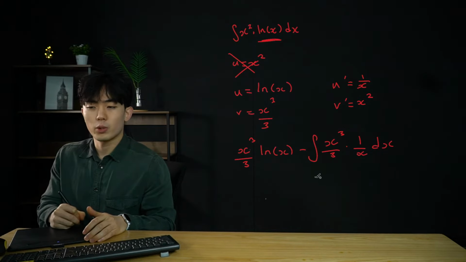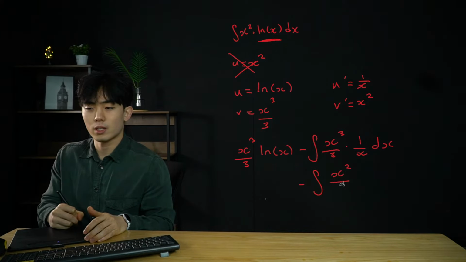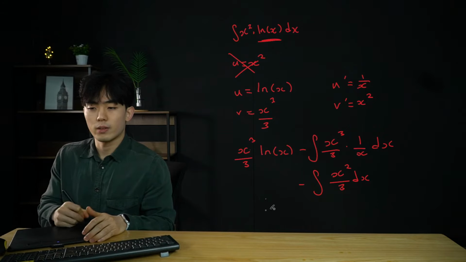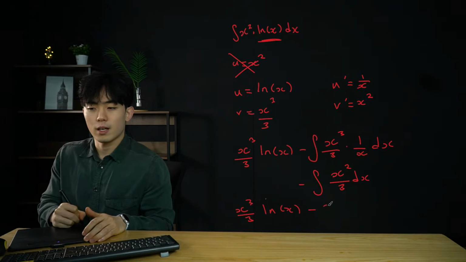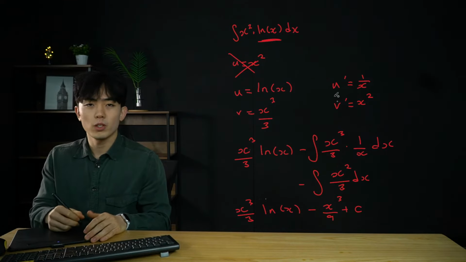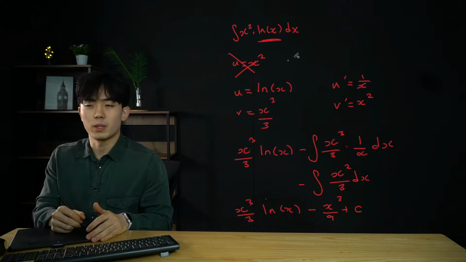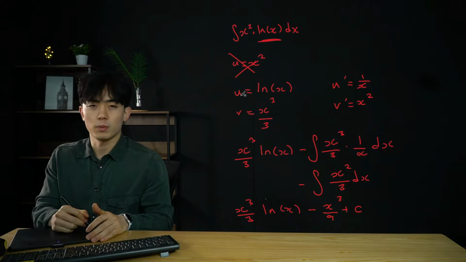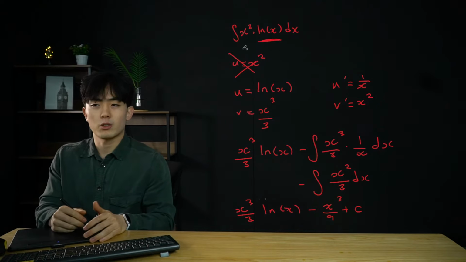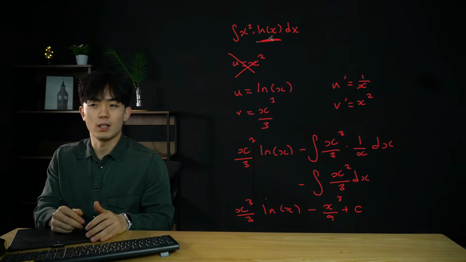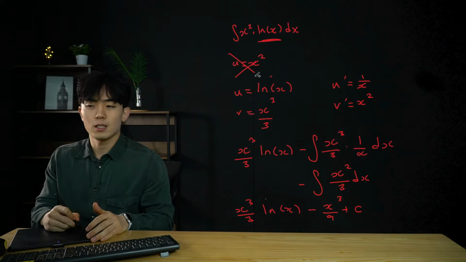We can simplify this, so we're left with negative x squared over 3 dx, and the whole integral will be x cubed over 3 ln x minus x cubed over 9 plus c. So whenever you are met with an ln x term when you're integrating, always set that as your u. In other cases we would naturally set x squared as u, but if we have an ln x here, be sure to make that your u. So that's some of the key points.